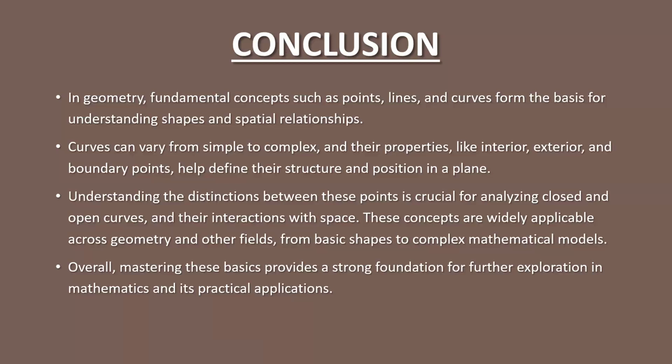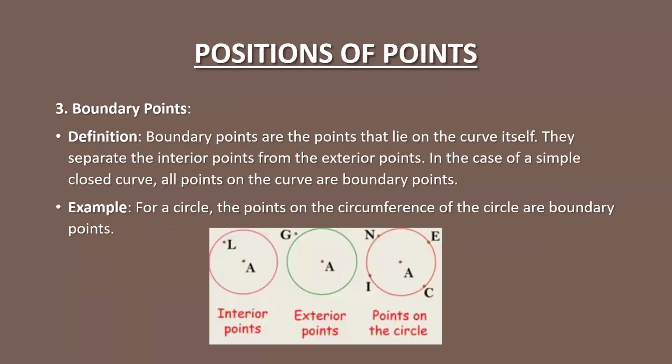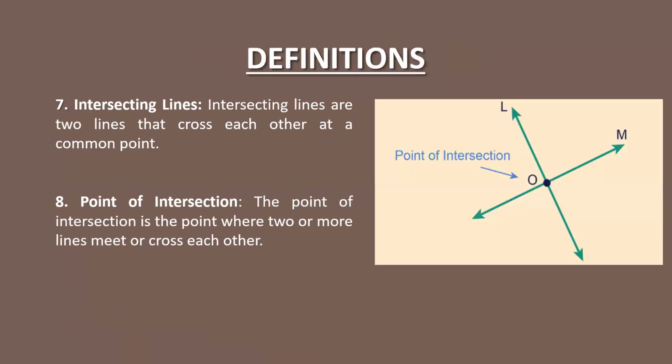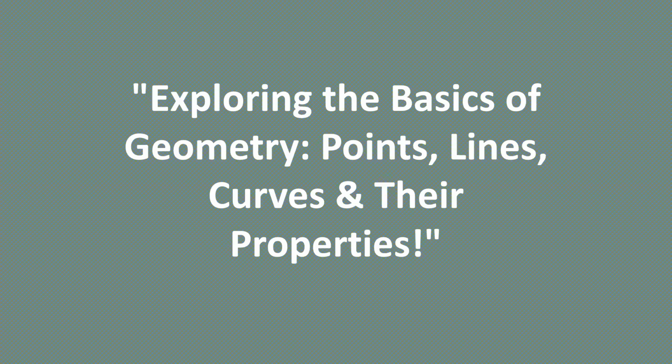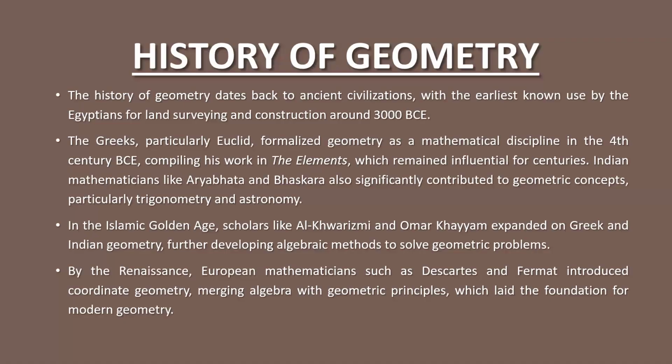So, with this, I conclude my topic, and I will just have a look again at all the points we have seen. Let's get back to the first slide with the topic. The topic was exploring the basics of geometry: points, lines, curves, and their properties we see in the history of geometry.